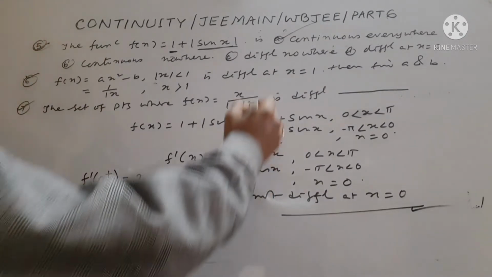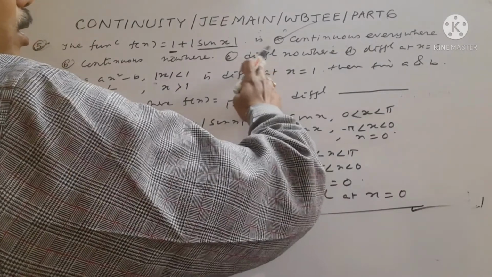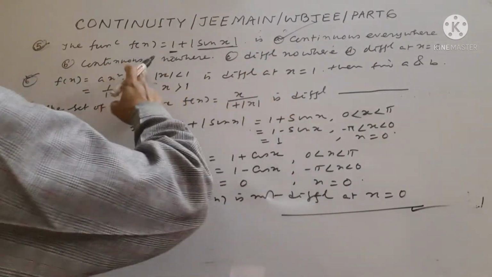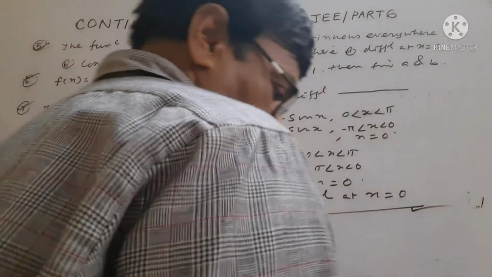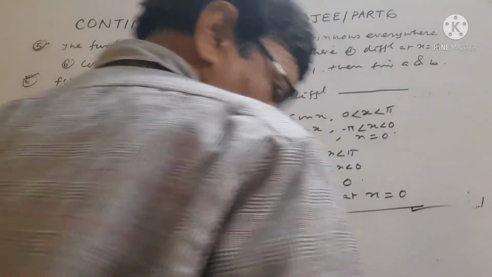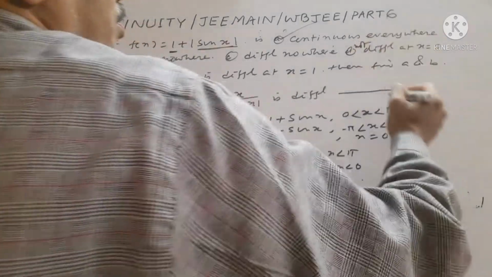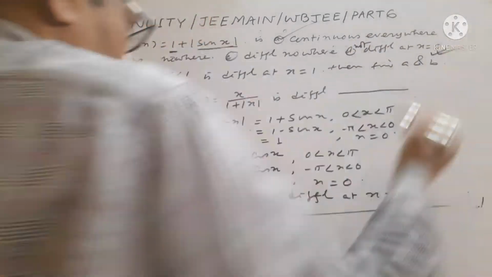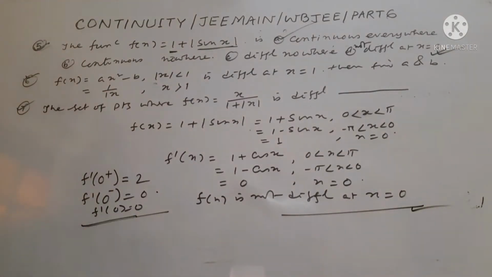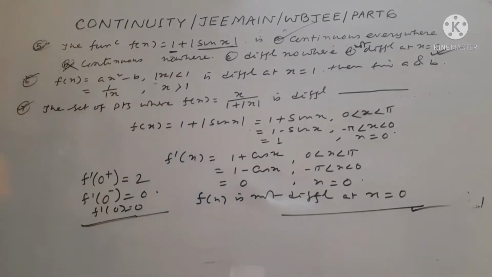And look, we have differentiable, continuous, and what is the last option? The last option is not differentiable at x equals 0. This is also proved. Continuous nowhere is not correct because it is continuous everywhere.